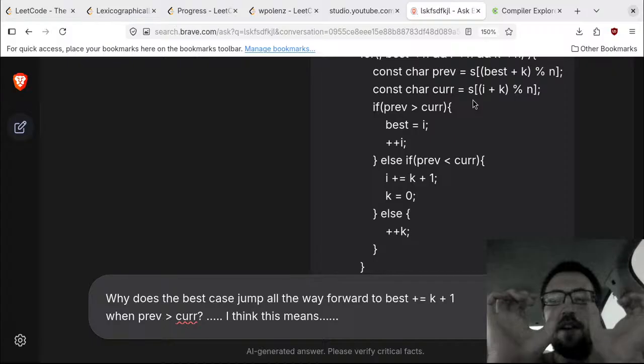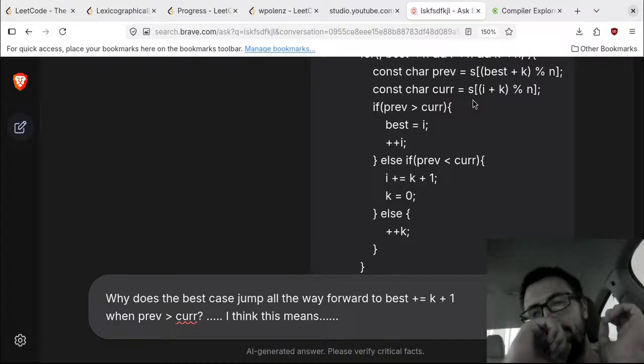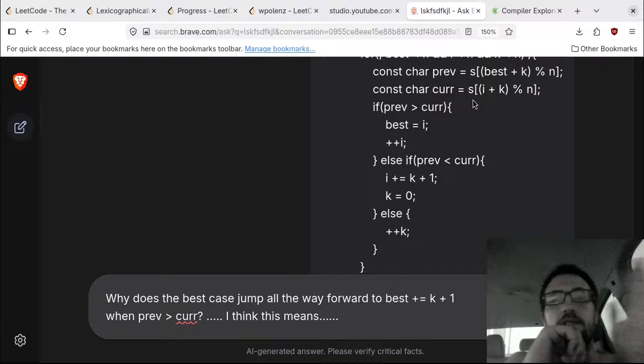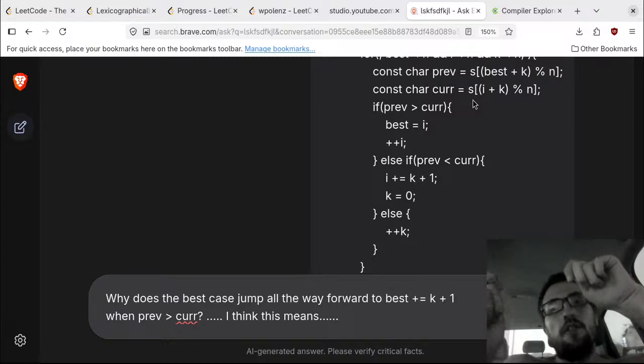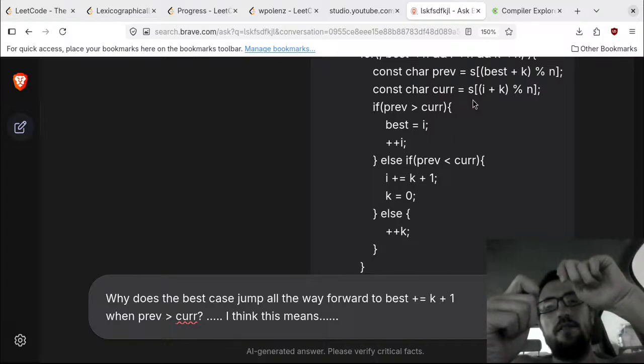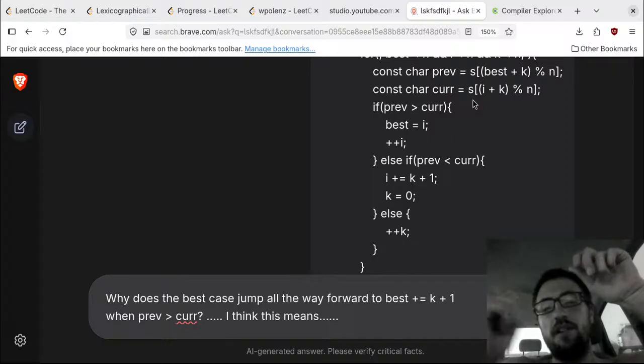S of best, that's the previous, so up to those k elements, that previous point is now larger, which means I need to take best and update it to I, which has all the same characters, but is now better. Now, what's interesting is that we just move best all the way forward.